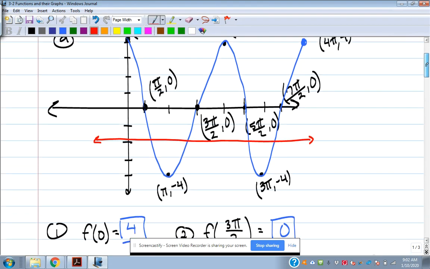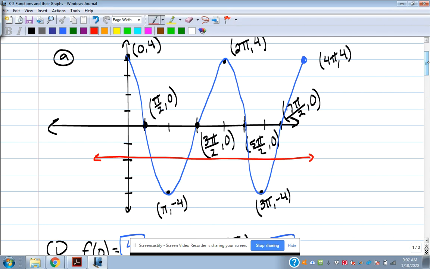In Algebra 2, what did we call this point down here at the bottom, the pi, negative 4? What was that called?